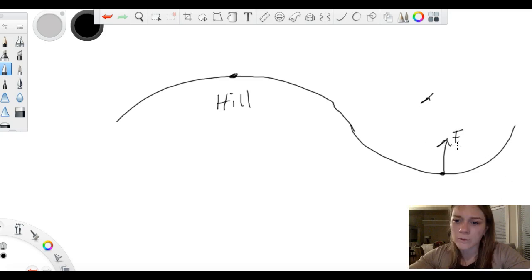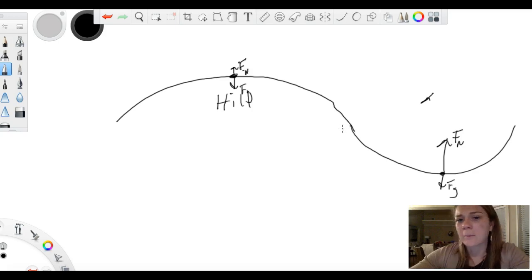My gravitational force doesn't change over here because my mass didn't change, but my normal force is going to be much less because now I need my net force to be down, not up. And I already have gravitational force down, therefore the normal force is going to be much less in that scenario. Then for my summation equation, I would simply say, Fg minus Fn is equal to mv squared over r.